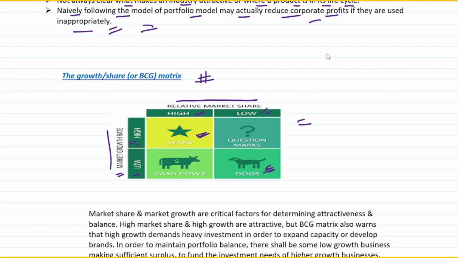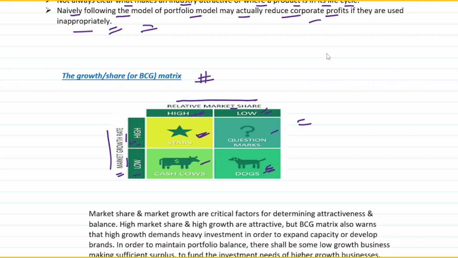Now there are two stages in between. If you have a high market growth rate and a lower market share, then you talk about something called a question mark. Vice versa, if there is a high market share and a low growth rate, then I'm talking about something called a cash cow. So how do I remember this?